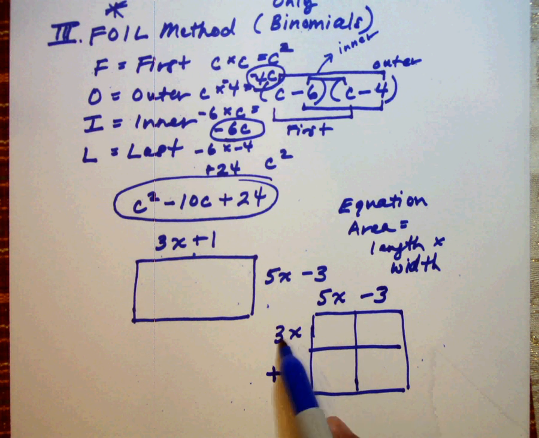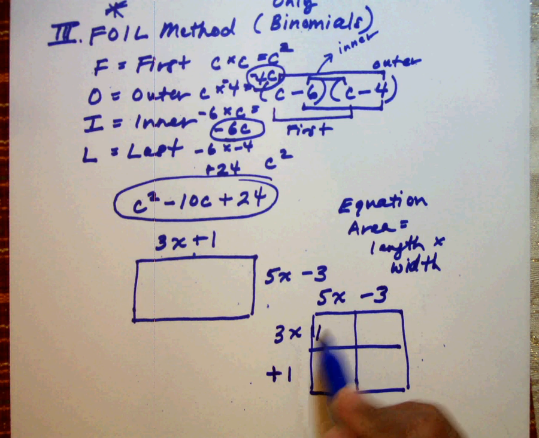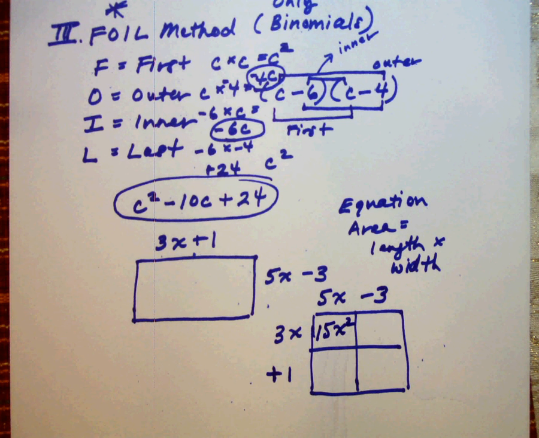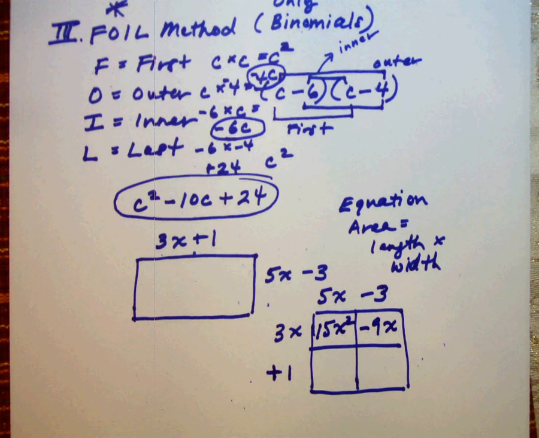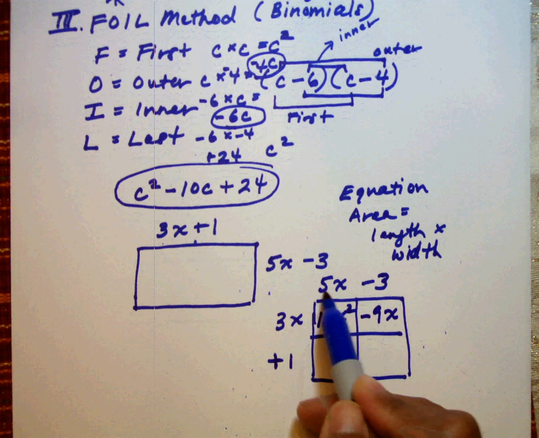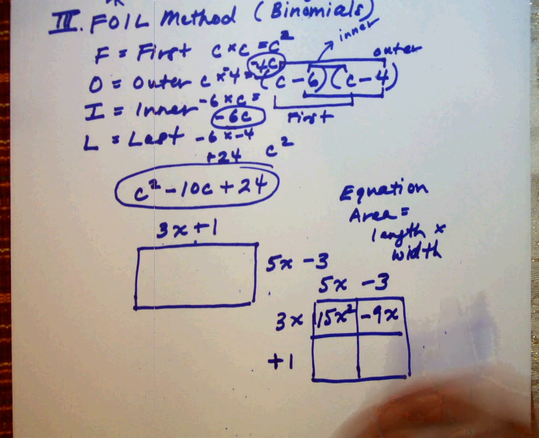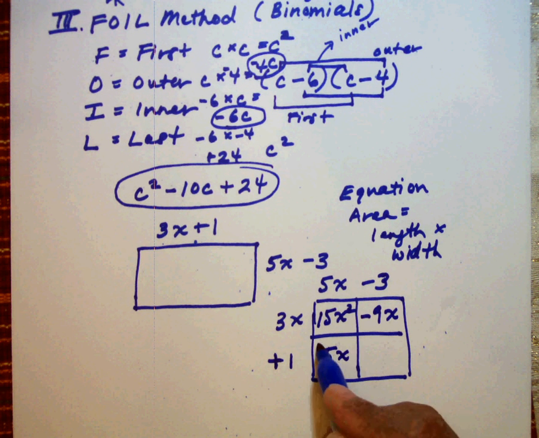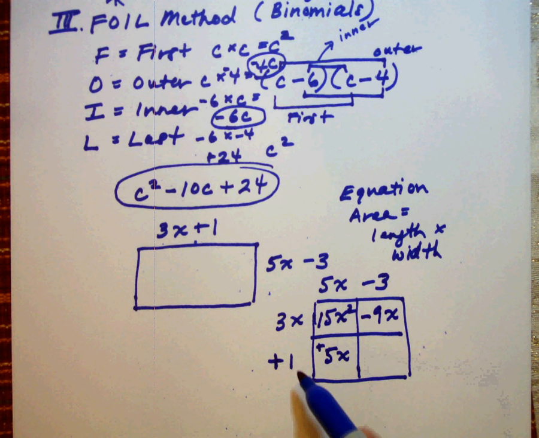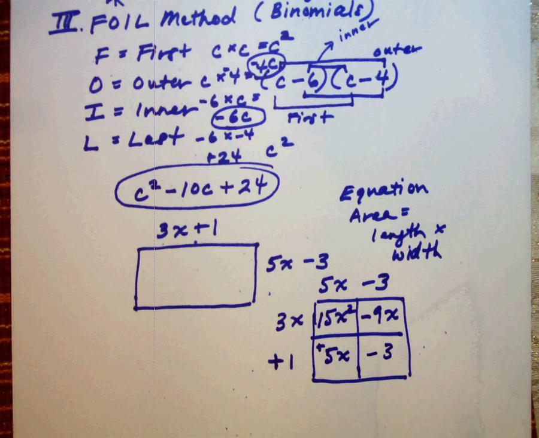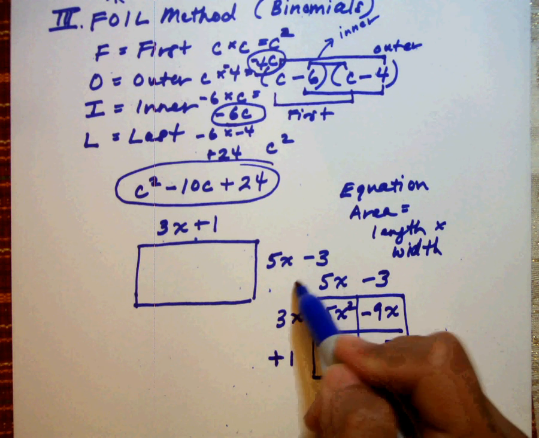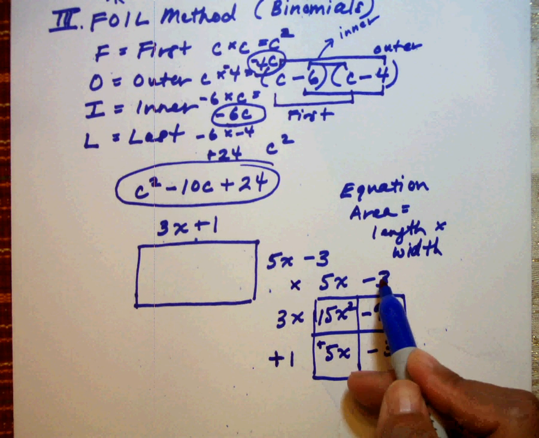3x times 5x, 15x squared. 3x times negative 3 is negative 9x. 1 times 5x is 5x. That's a positive 5x. Positive 1 times negative 3 is a negative 3. You're multiplying from the outside if you're doing box method.